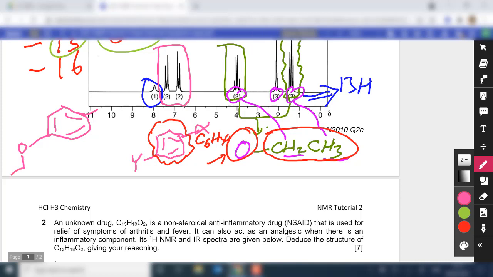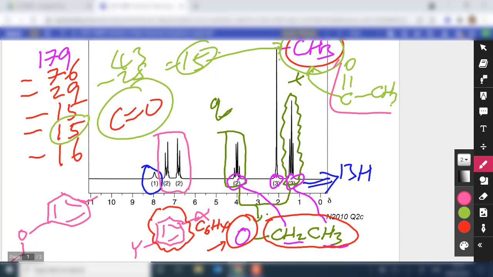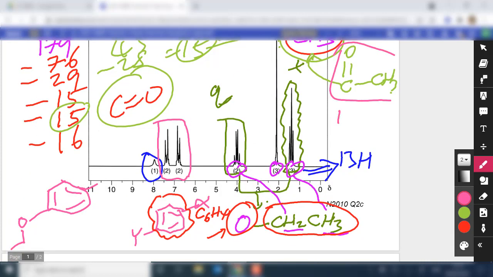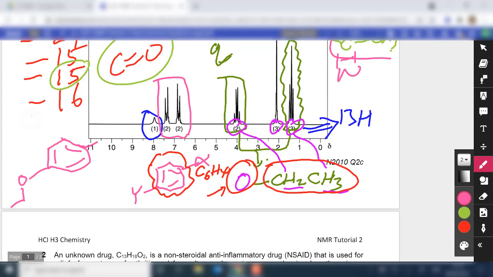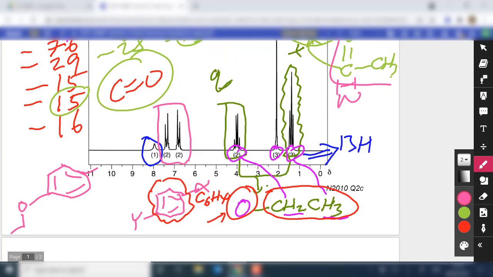And we know that we need a COCH3 and we need an NH somewhere. So if you piece out all the information, the only place where the NH can go will be here, and then the COCH3 can go here. So this is the only place it can go to. You can't really have other combinations.